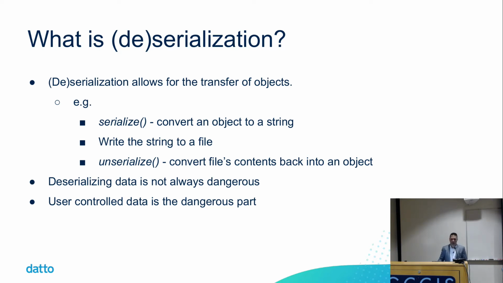Essentially, an object is serialized to a string, and then we can write that string to a file or a database or wherever you want to store it. And then when we need to retrieve that object again, we run an unserialize on that and turn it back into an object.